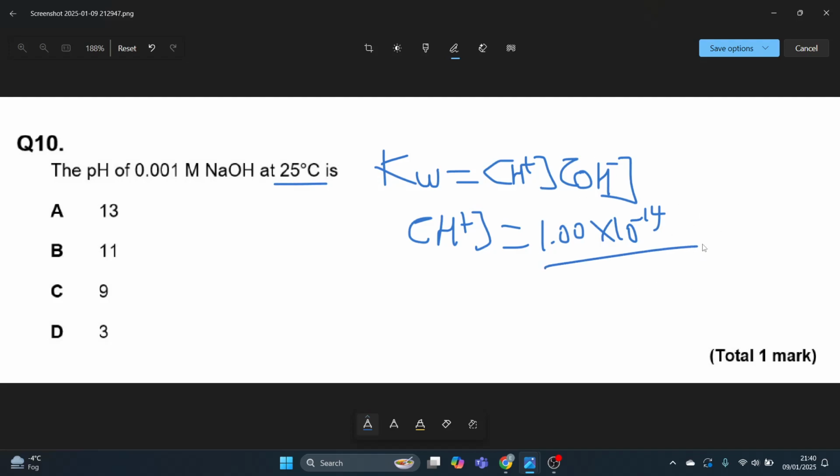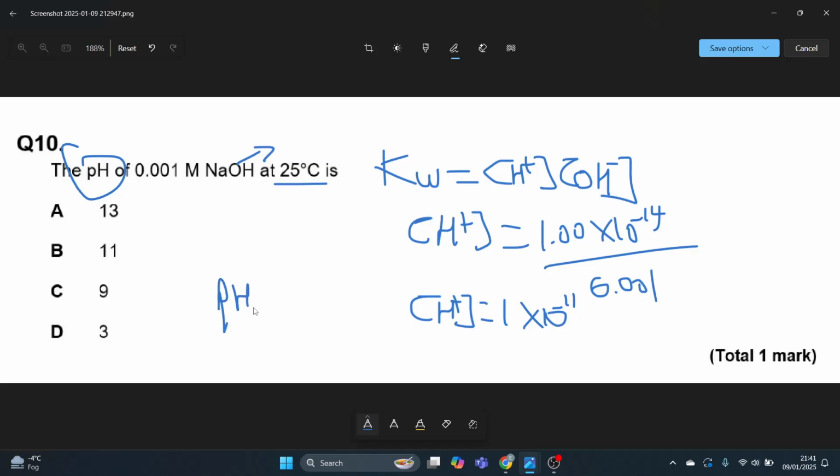It's 1.0 times 10 to the power minus 14 divided by 0.001. It's clearly only got one OH⁻, so we don't need to worry about that. If I put that in the calculator, I get concentration H⁺ ion equals 1 times 10 to the power minus 11, but that's not the final answer. I need the pH.